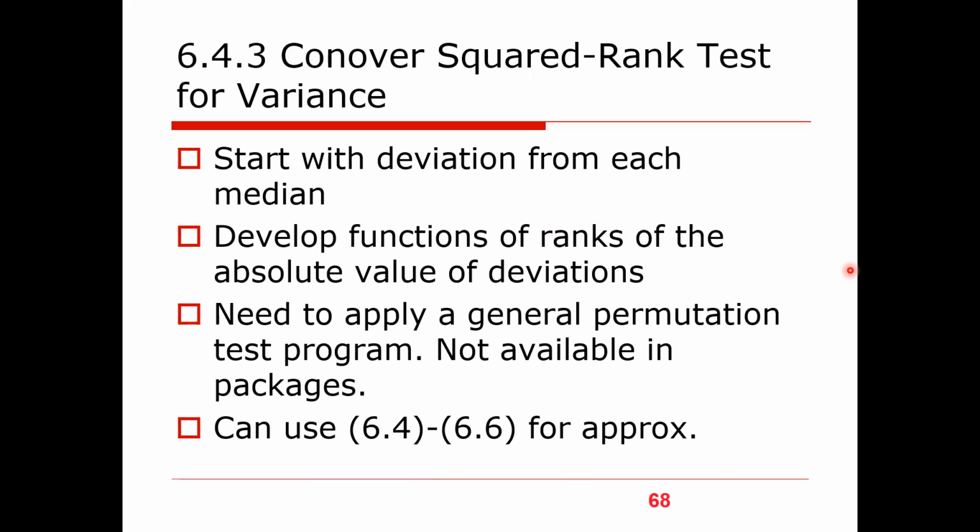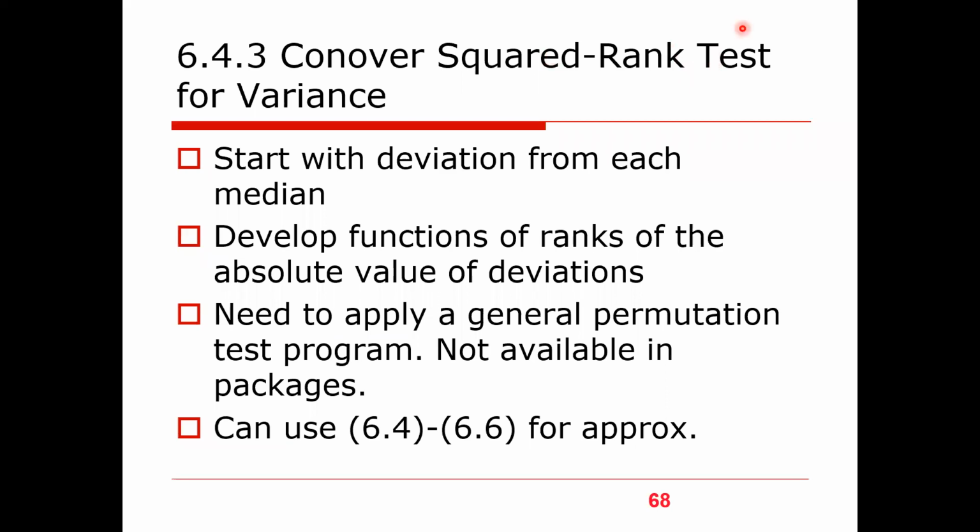Sample 1 mean, sample 2 mean. Then we get the score, we use T to denote it, and it's the test statistic of the Conover squared rank test. And with the mean and variance of the T, we can convert the T value to a z value and use normal approximation.